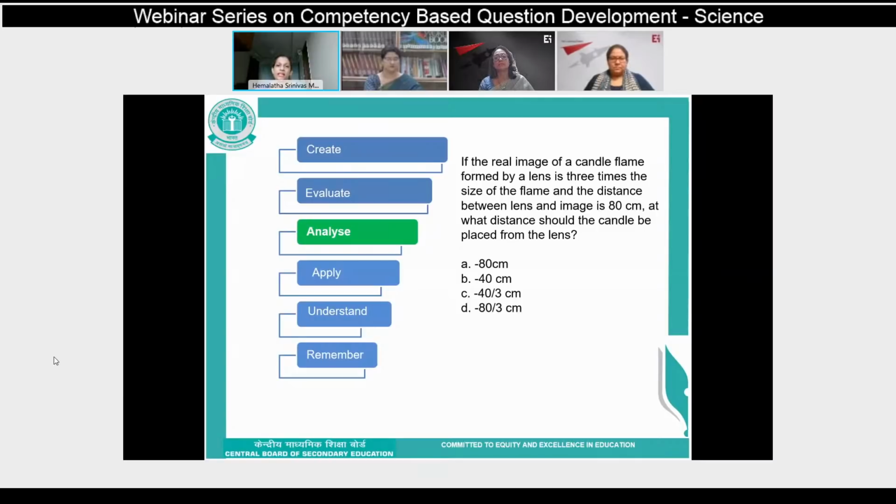This is typically an analysis question where the child has to understand the size of the image, the size of the object, and where the candle flame should be. The child breaks down the content into smaller parts, and examines and understands the type or position of the image formed.